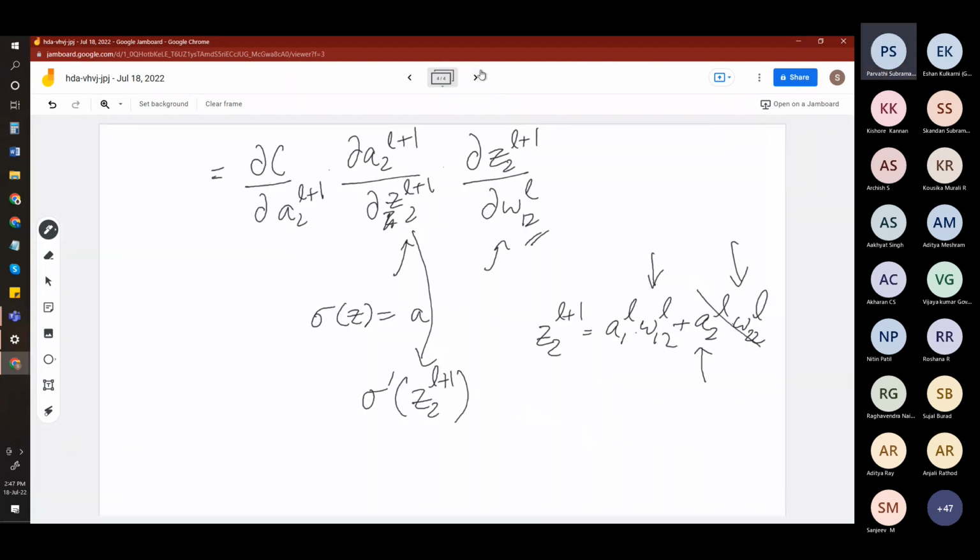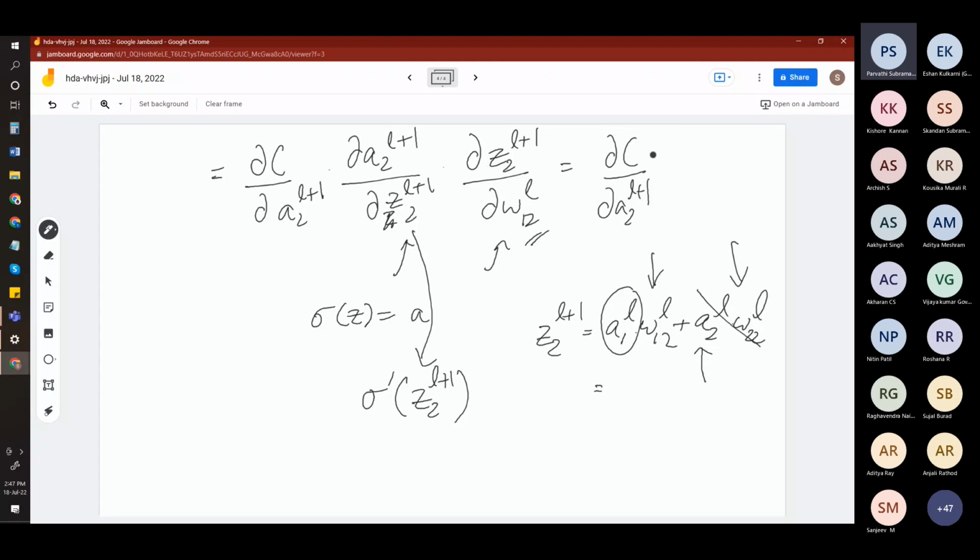When taking the derivative with respect to W12^L, we would just get A1^L as the only thing we need. So this derivative essentially becomes ∂C over ∂A2^(L+1).